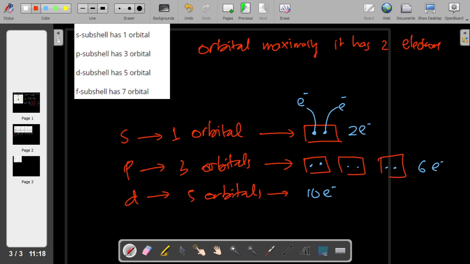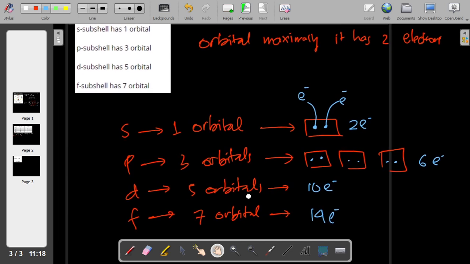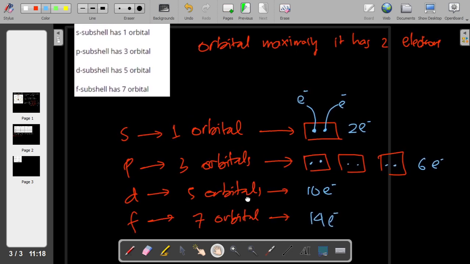And for f, which has 7 orbitals, it has 14 electrons maximally. So this is the concept of shells, subshells, and orbitals.